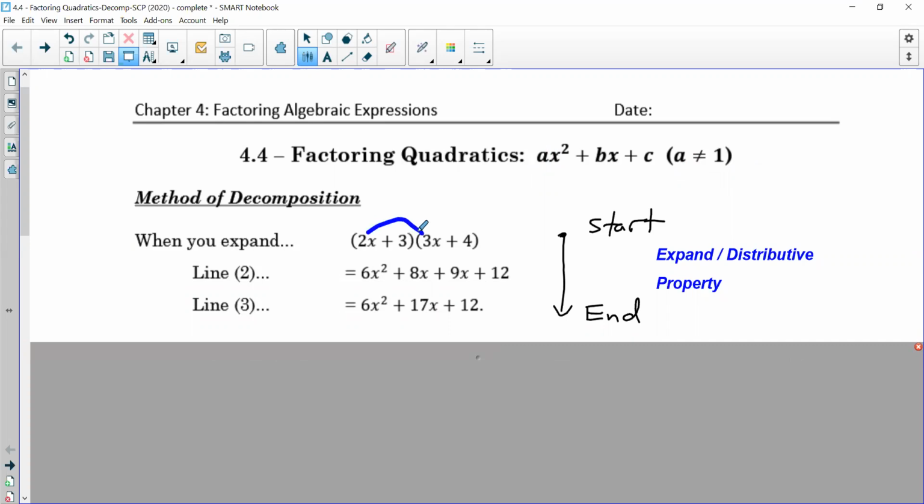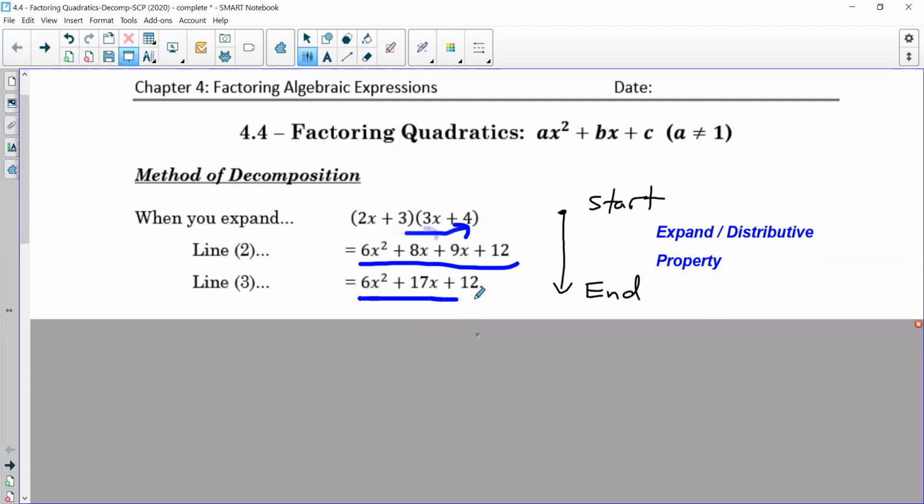So with expanding, it involves the distributive property. So multiplying the terms there and then multiplying underneath, as you've seen before, to get this line here. No big shock there. And then we wind up with a simplified form. So if we start with factored form, we end with standard form, we call that expanding, or using the distributive property.